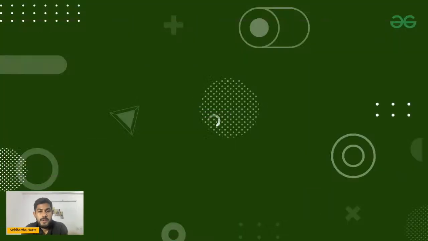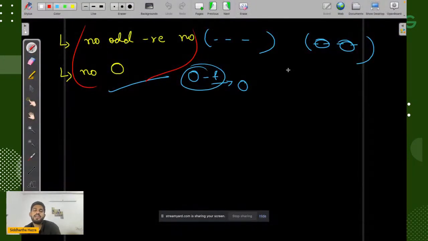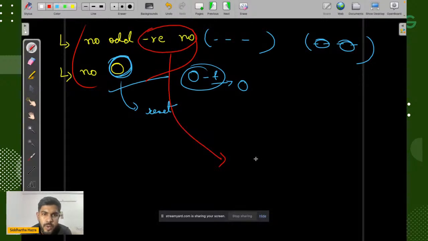Okay, so now let us move forward. What we can say is that if we receive a 0 in our answer, then we need to reset the answer. But what about the scenario when an odd number of negatives is present?